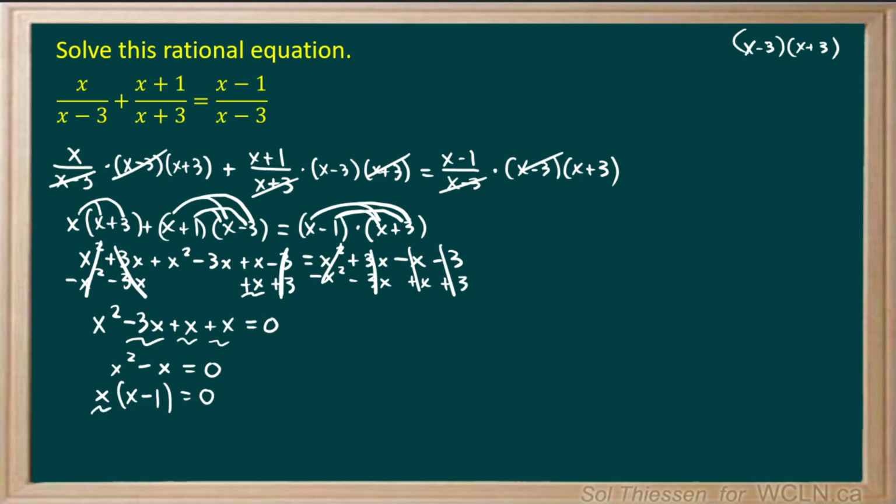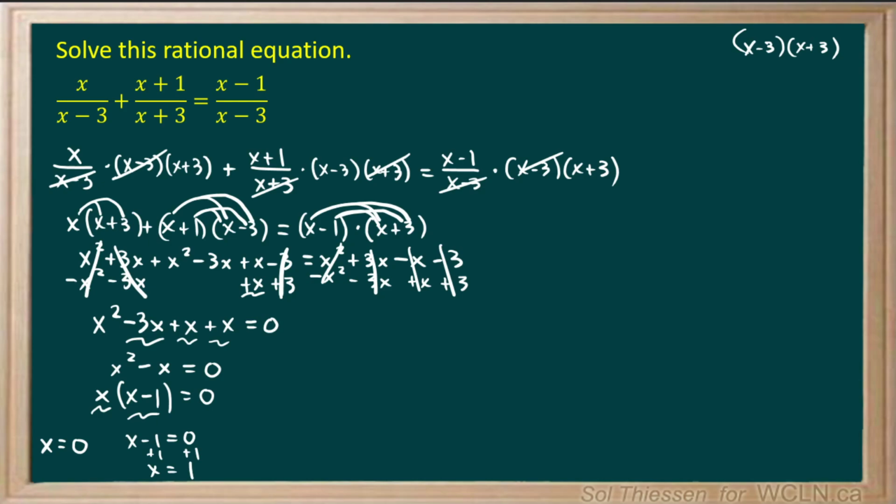Now we can analyze each of these individually, since when either one of them is 0, the entire expression will be 0 since they're being multiplied together. So one of our solutions is x = 0, and the other solution will come from x - 1 = 0. So we'll add 1 to both sides and find a possible solution of x = 1.